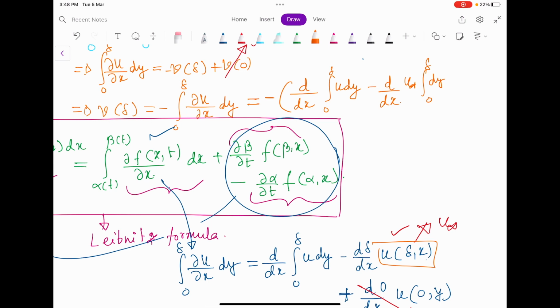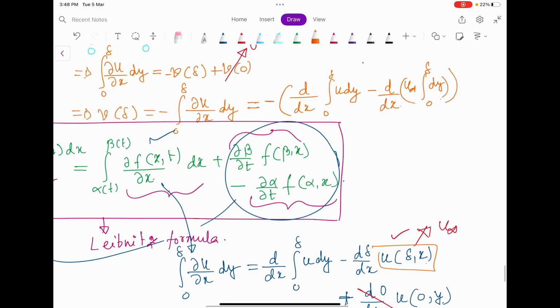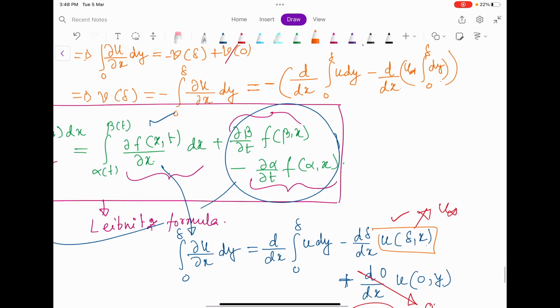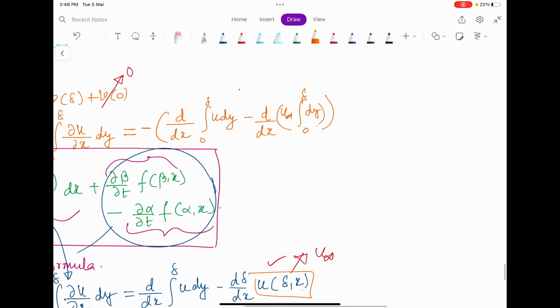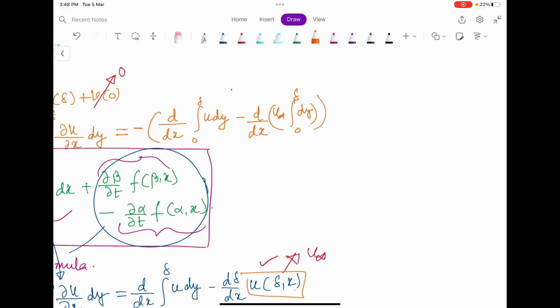So I can write this as this, right? Because integral 0 to delta dy is delta. So this is coming as, let me directly write it, minus of d dx of integral 0 to delta u minus u infinity into dy, correct?